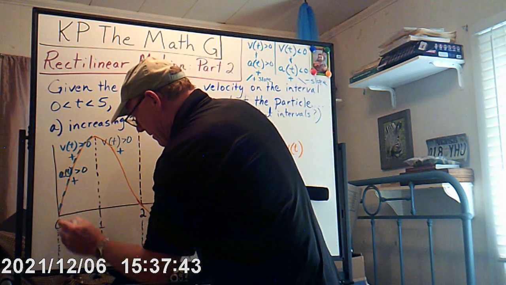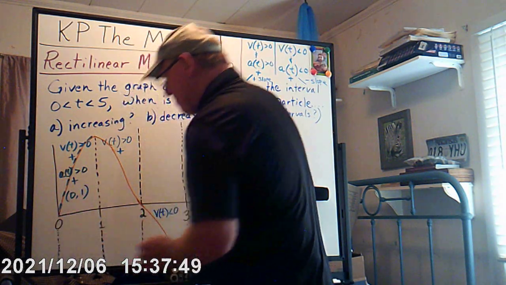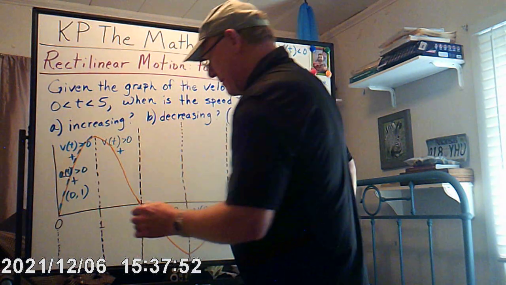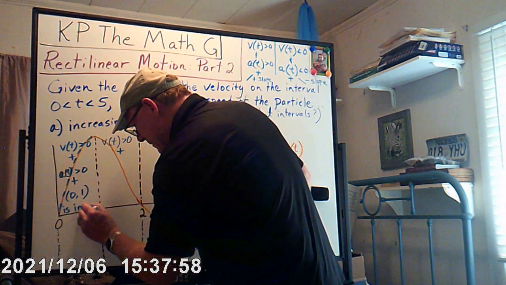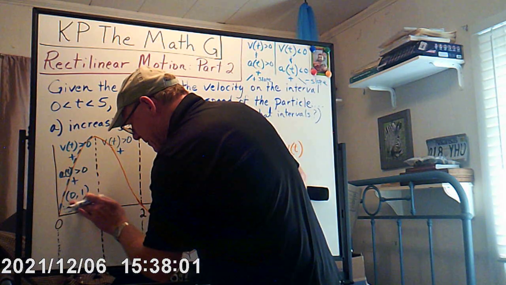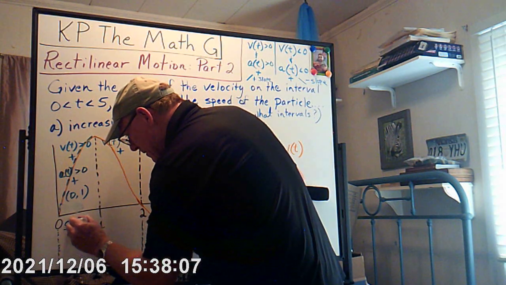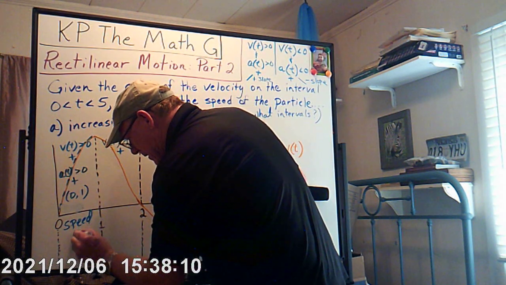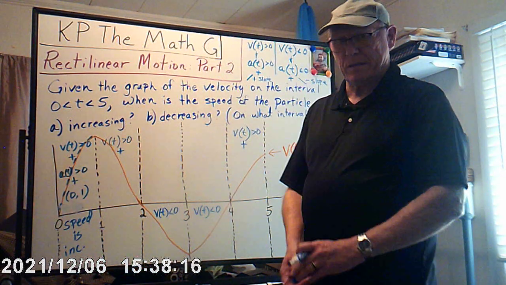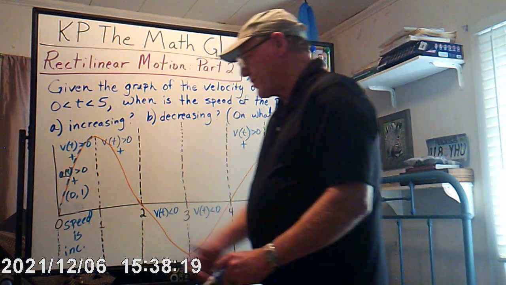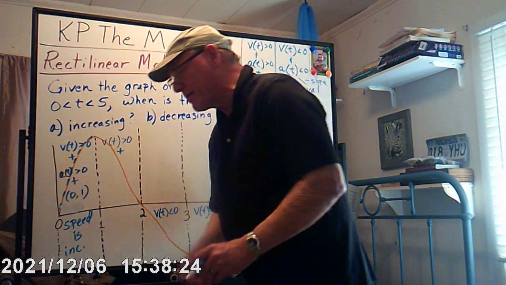In this interval from 0 to 1, the speed is increasing between 0 and 1, simply because the velocity is greater than 0 and the acceleration is also greater than 0.